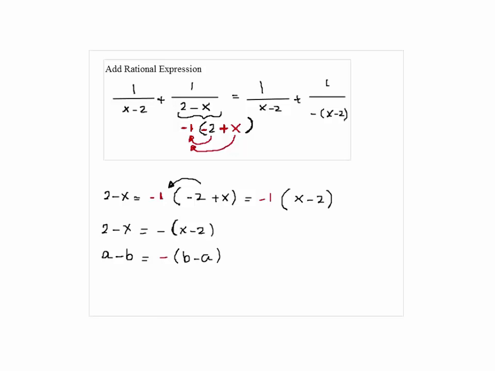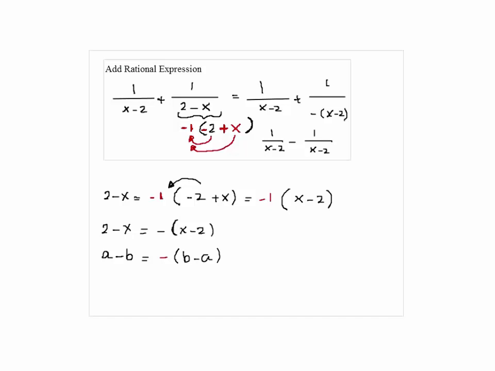I can actually combine these two signs together. I can say plus and minus, that would be minus. So this whole thing would be 1 over x minus 2 minus 1 over x minus 2.